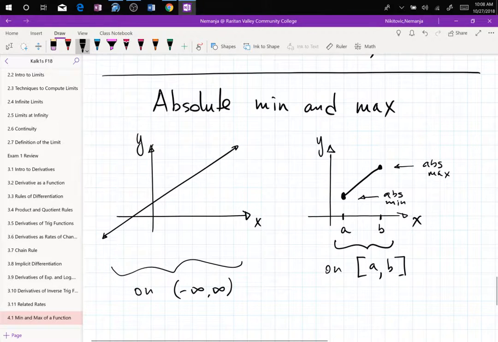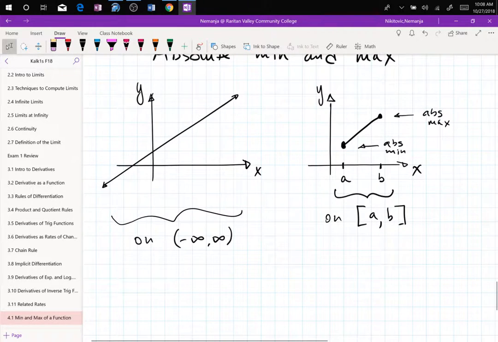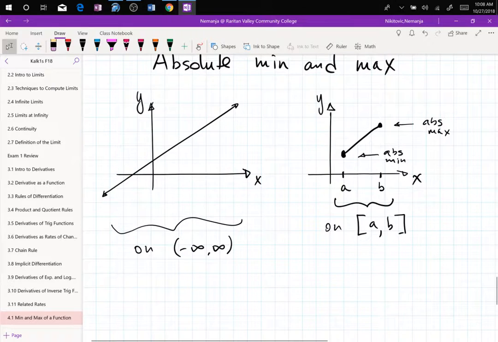So anything with an infinite domain is not going to have an absolute minimum or maximum? Oh, it can. There's your absolute min, or this way, there's your absolute max, right? It can. The beauty is that anytime you chop it off, you guarantee it to have one.